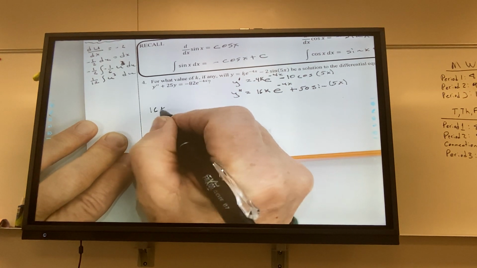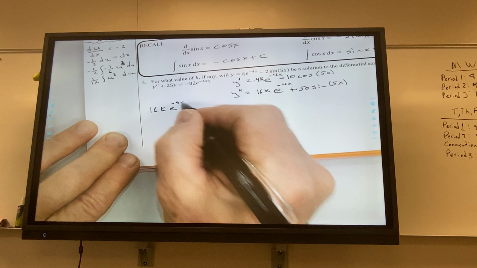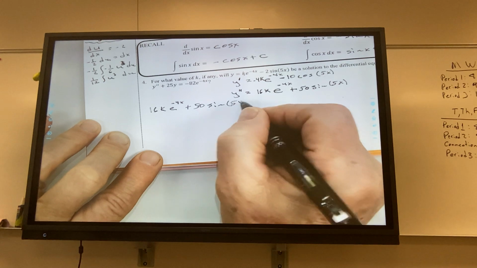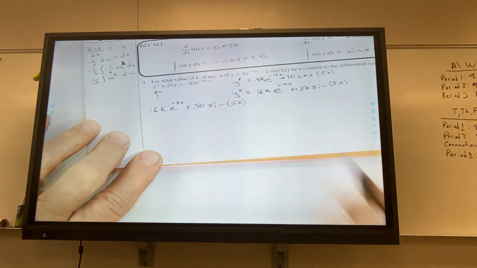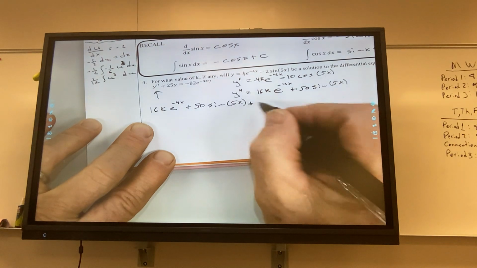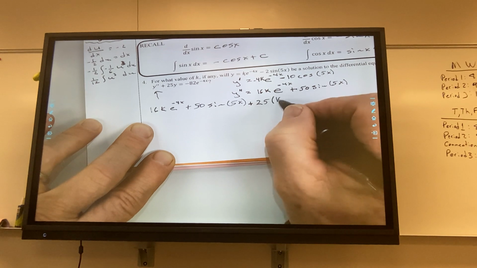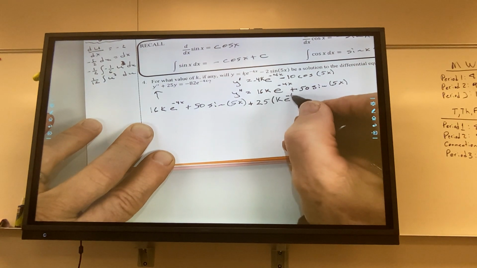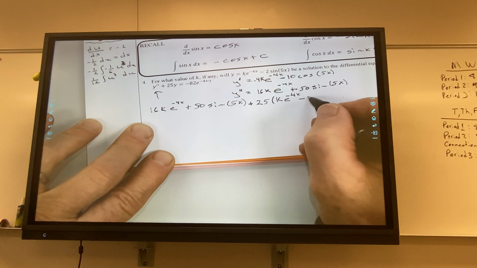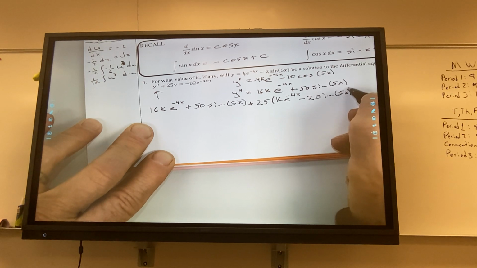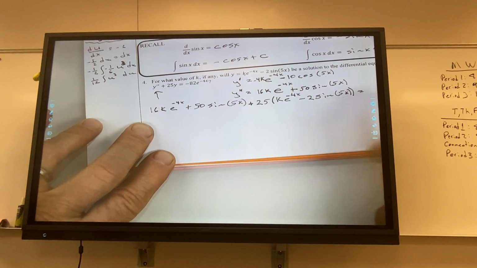We got 16k e to the negative 4x plus 50 sine of 5x, plus 25 parentheses k e to the negative 4x minus 2 sine of 5x, parenthesis, parenthesis, equals negative 82 e to the negative 4x.